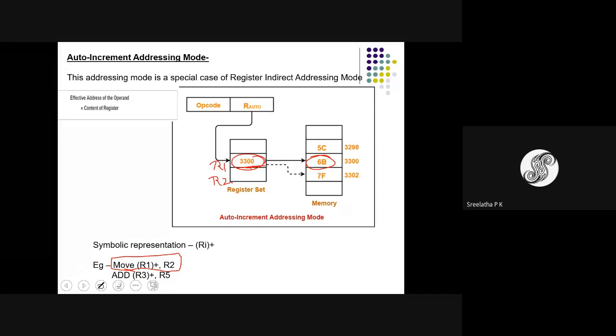R1 is the 3300 memory location, which gives the effective address. The operand value 6B is moved to R2, and then R1 is incremented. There is post increment, so the R1 value becomes 3302. The R1 value changes to fetch the next data in the program.